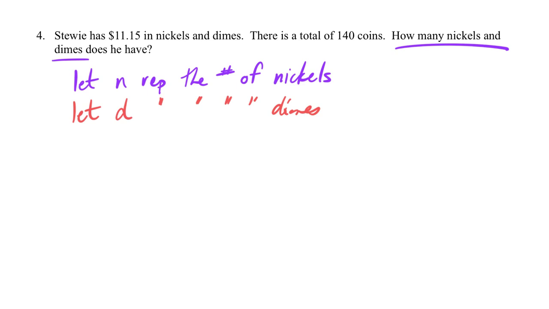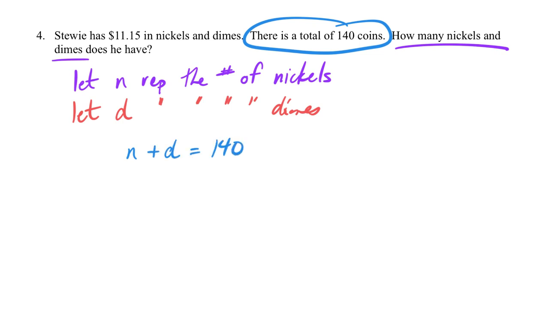Okay, now what you could do is a direct translation. I'm going to start with my quantity sentence because I think that's the one that works easiest given my let statements being in quantities. I could now say that my number of nickels plus my number of dimes has to equal 140, because that's the total number of coins.